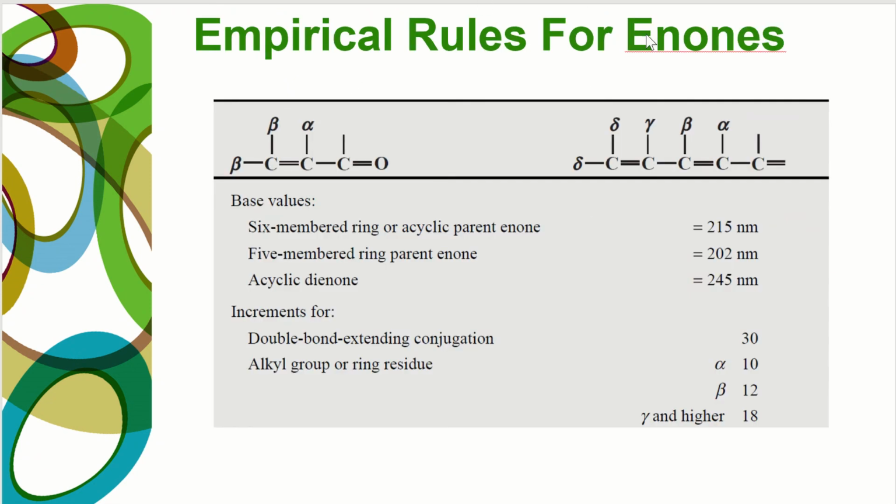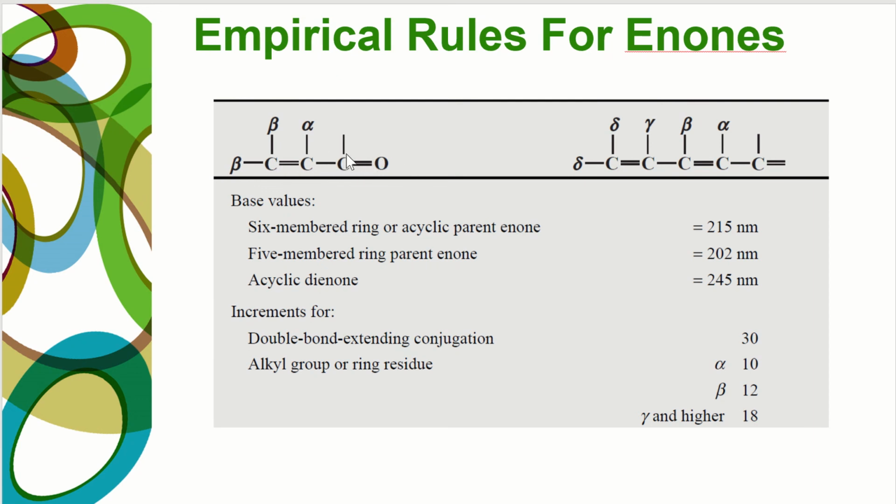All right, so these are the empirical rules for the enone. The base values: if you have a 6-membered ring or acyclic parent enone, that is 250 nanometers, as we have seen. If you have a 5-membered ring parent enone, that's 205, etc. And you add increments for a double bond extending the conjugation, as we saw, 30 nanometers, and for your alkyl group or ring residue: if you have an alpha substituent, that is 10 nanometers, and we saw the beta one, so this is our base enone.